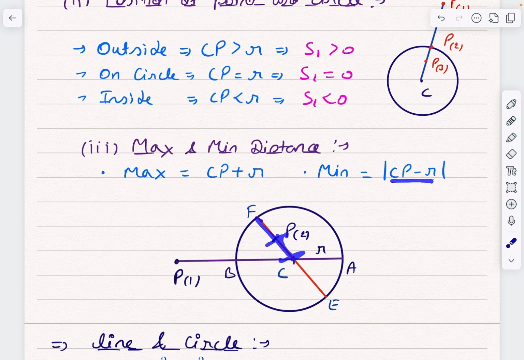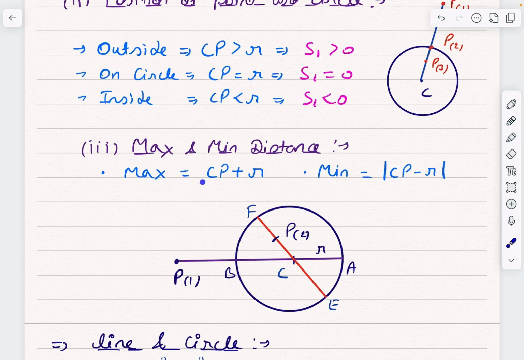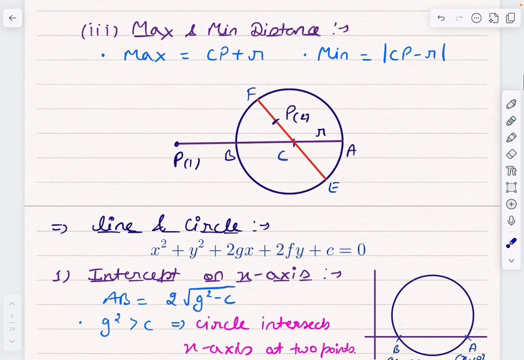So we can just stick a mod here, because if the point is inside, obviously CP will be less than R. So if it is outside, we can say CP plus R, CP minus R. If it is inside, it is CP plus R, but R minus CP. So you can just remember maximum will be CP plus R no matter where it is, and minimum will be mod CP minus R. So if it is outside, it will become CP minus R. For inside, it will become R minus CP. So just remember this thing. Maximum distance CP plus R, minimum mod CP minus R. Next, guys.